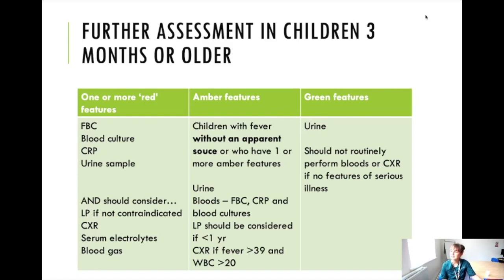CRP, I just want to touch on that quickly because that can dig us quite a few holes when we do that. Often, I know from my experience anyway, we've done bloods, white blood cells seem to be all right, and then we get this CRP of kind of 50, kind of in a middle zone. I think if the CRP is under 10, you're pretty happy that you're not missing anything massive.